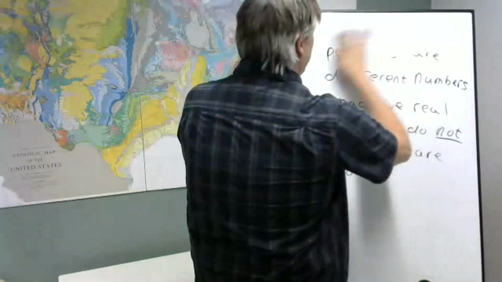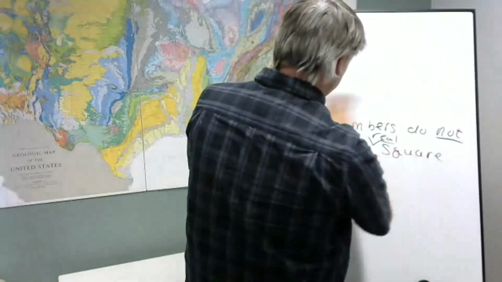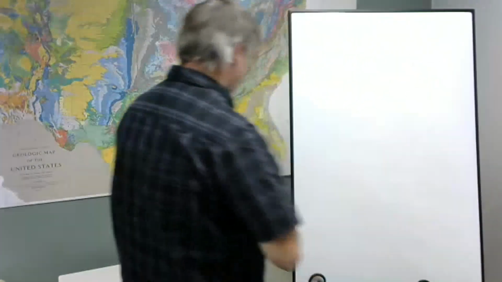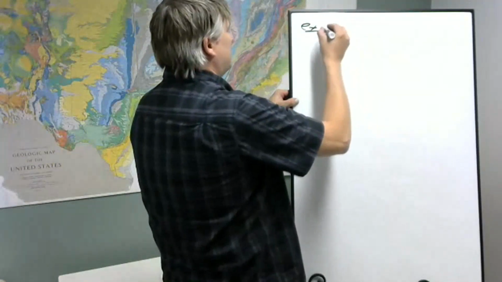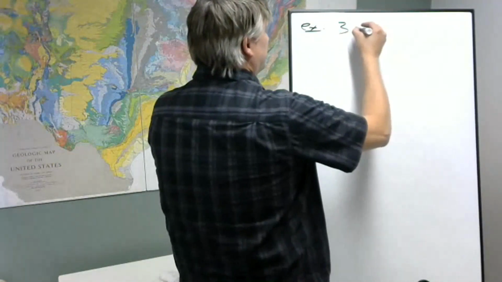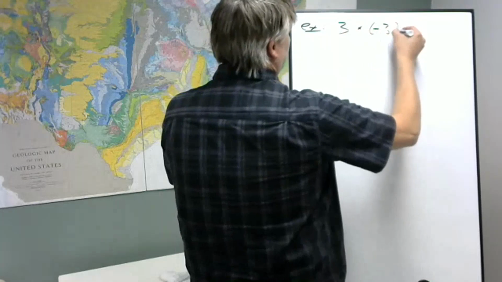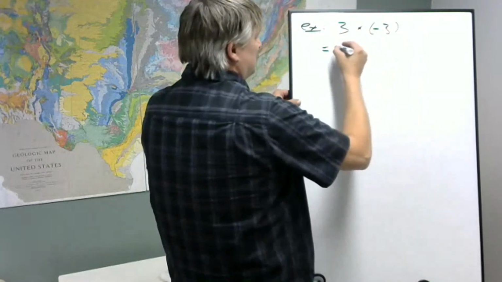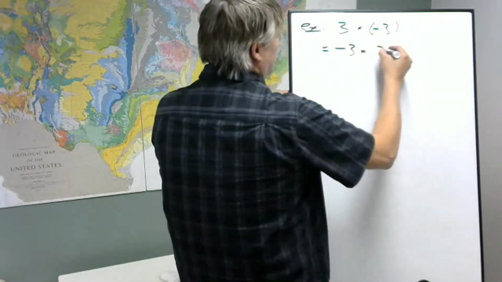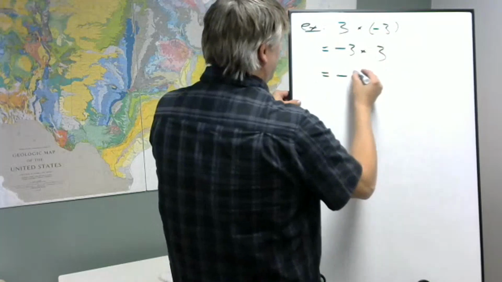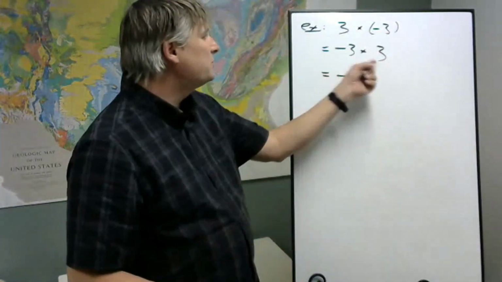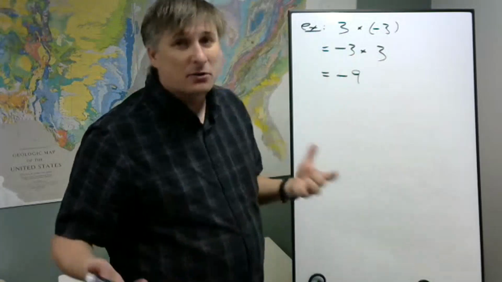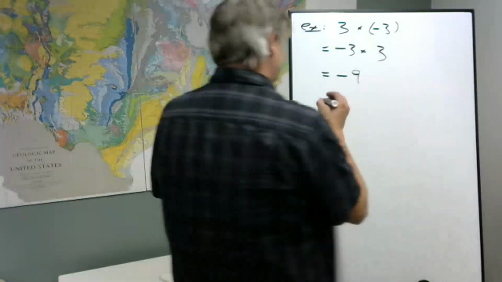So let's go back to -9. So 3 times -3, which is the same as -3 times 3, that's equal to -9. So these are two different numbers, so neither one is a square root.